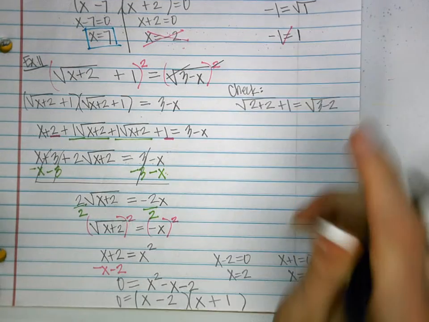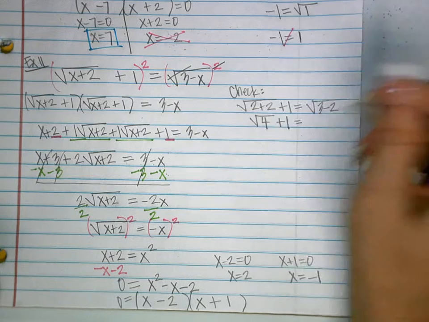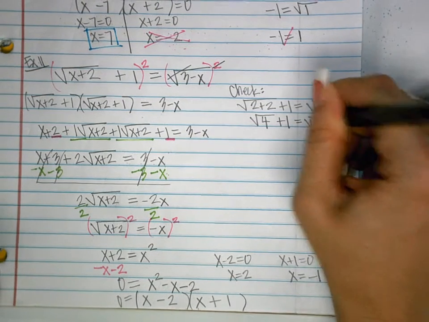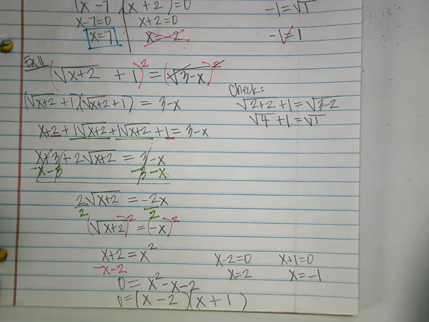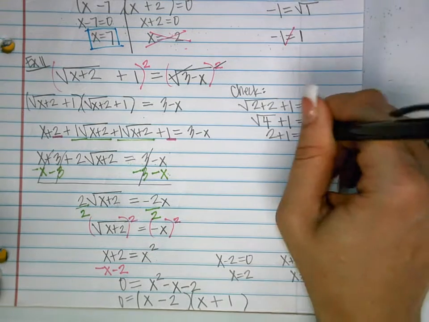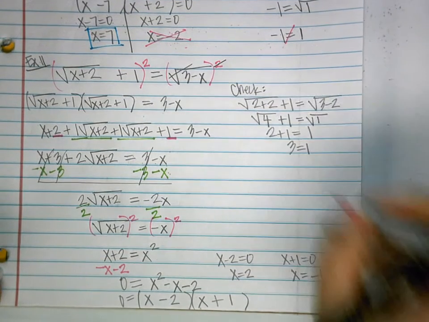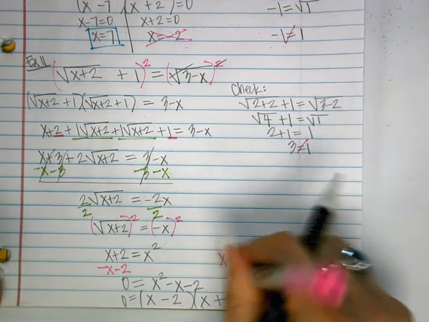What is root 2 plus 2? That's root 4 plus 1 equals root 1. What's the square root of 4? 2. Is 2 plus 1 equal to 1? No, 3 does not equal 1. This does not work. This one gets thrown away.